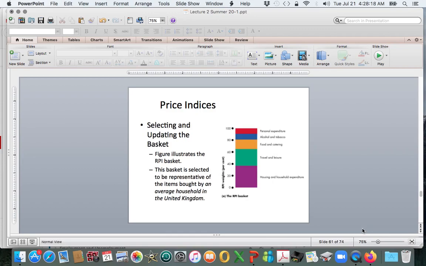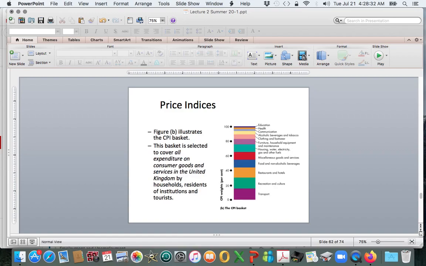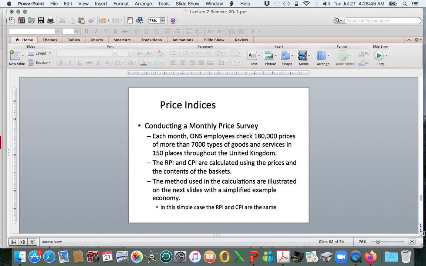This is more or less the RPI basket. So whatever in the UK the average household uses, that calculates their RPI. And this is the CPI. This is more based upon consumer goods by households, residents, institutions, and whoever comes to visit.